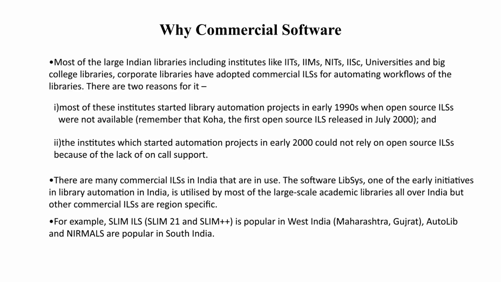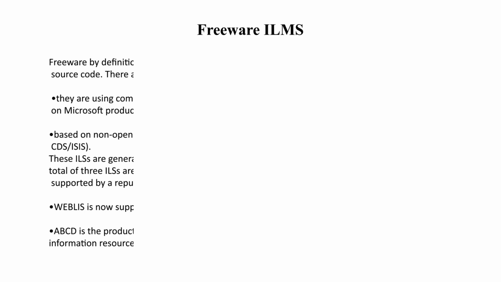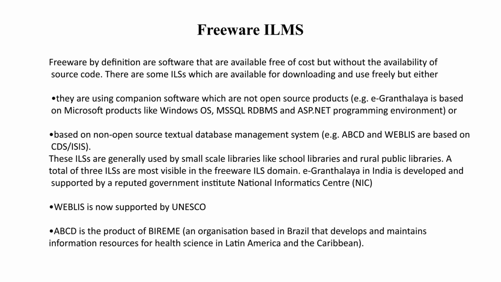Now, the next one is called free software. Under this, as I have already told, very common examples are BIREME's ABCD and UNESCO's WEBLIS. All these are software whose source code is openly available, but they run under various proprietary software.